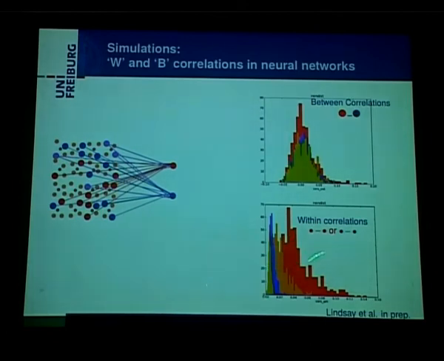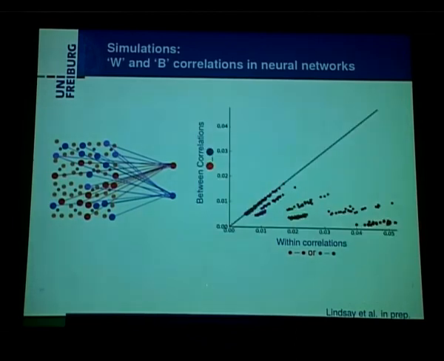If you become more and more clustered, you go from very small values of W to very large values of W. So if I put them together, this is a random network where within correlation and between correlations are comparable. There's no difference. So if you believe cortex is random, brain connectivity is random, then whatever I have said, you can forget it.